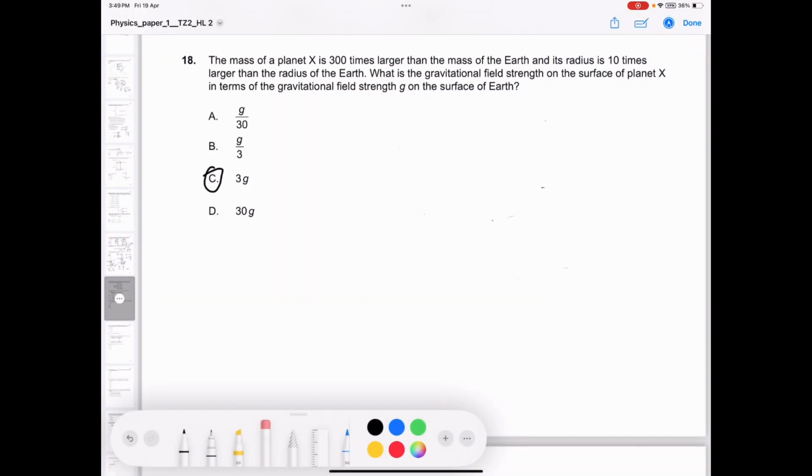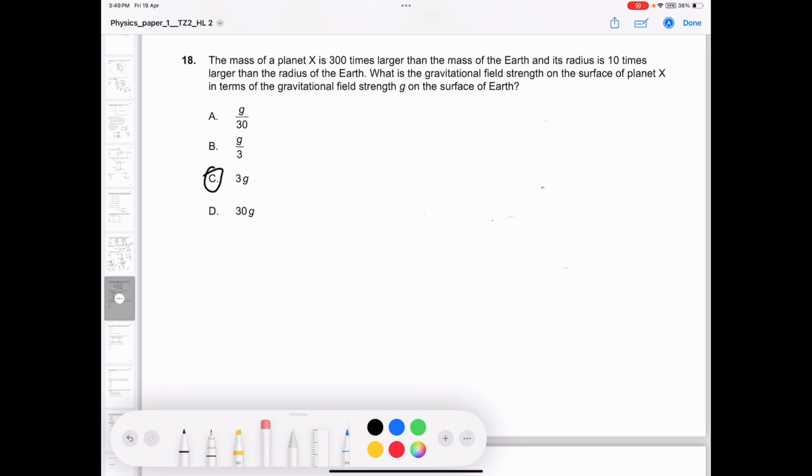Number 18. The mass of planet X is 300 times larger than the mass of the Earth, and its radius is 10 times larger than the radius of the Earth. What's the gravitational field strength on the surface of planet X in terms of the gravitational field strength g on the surface of Earth?